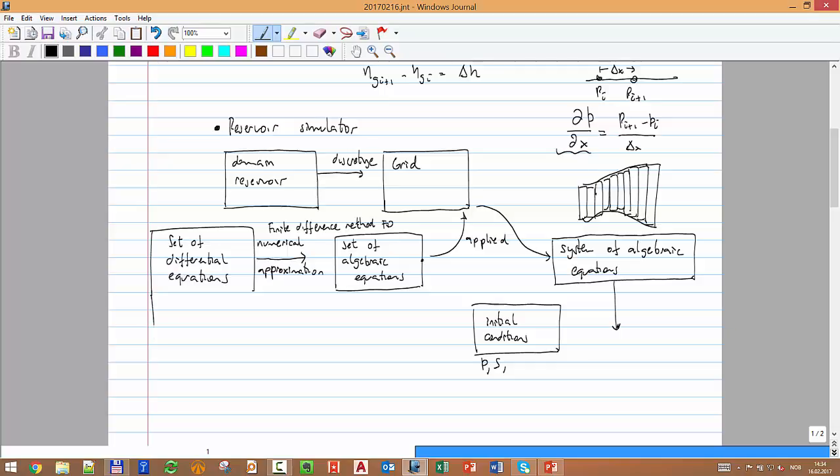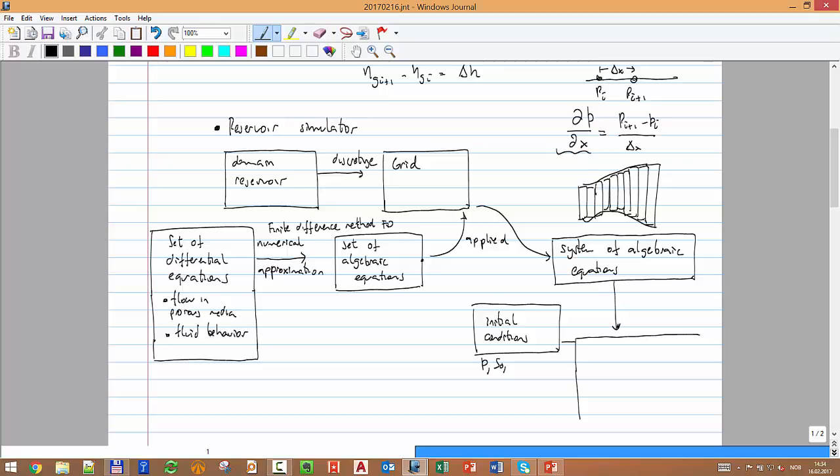This set of differential equations, let me just put it here, is flow in porous media, and also you have the fluid behavior, the initial conditions, the saturation, the pressure, and also you need the boundary conditions, right?